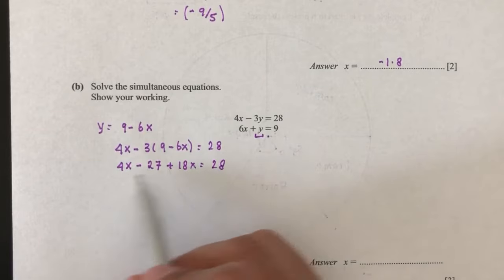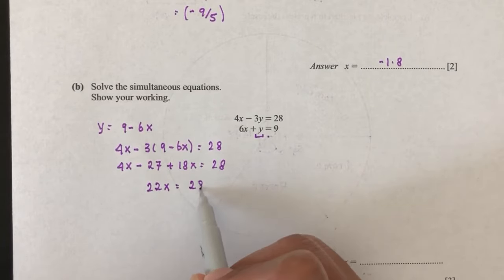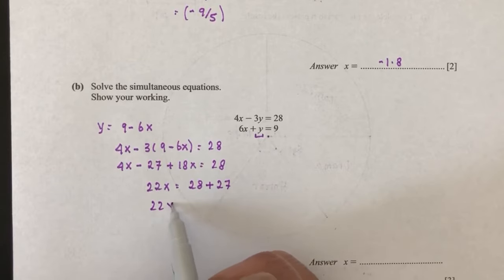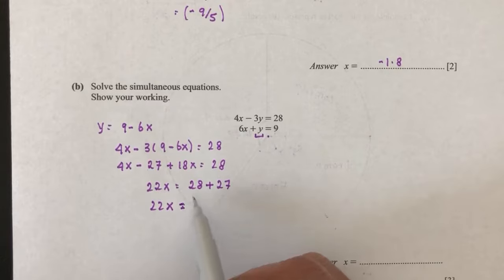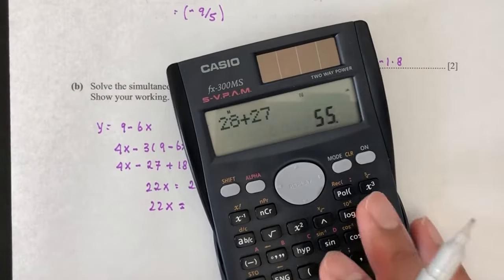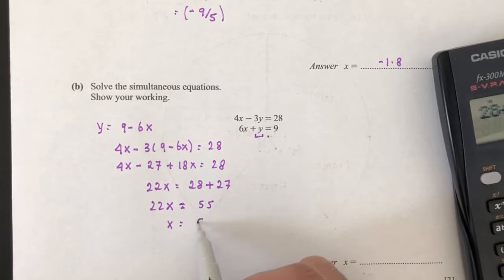Now this plus this, that will be 22x equal to 28 plus 27. So 22x equal to what? So let's do 28 plus 27. That will be 55. X is equal to 55 divided by 22. So if you divide by 11, that will be 2 and that will be 5.